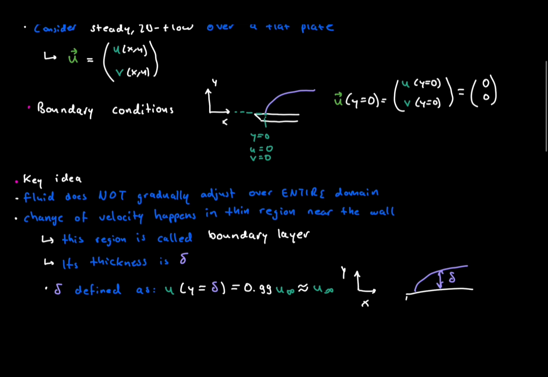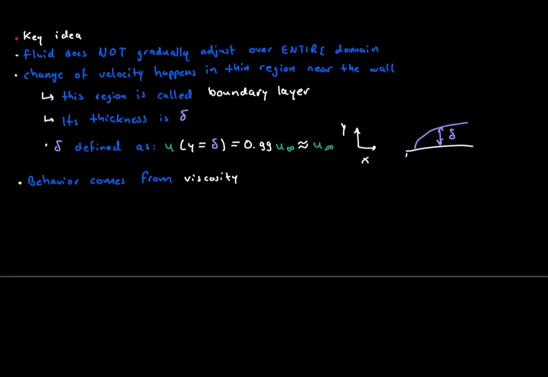Now the question is, why does this boundary layer exist? The answer is viscosity. Because of viscosity, momentum is transferred from the fast-moving fluid outside to the slower fluid near the wall. This creates a strong velocity gradient close to the surface.